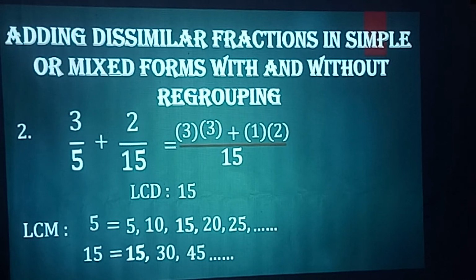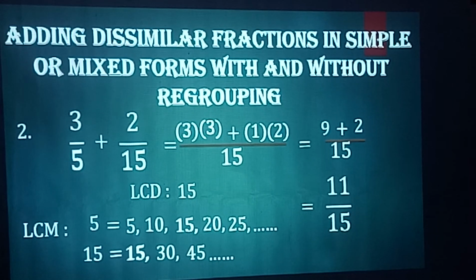And 3 times 3 is equals to 9 plus 1 times 2 is equals to 2 over 15. And 9 plus 2 is equals to 11 over 15. Next.